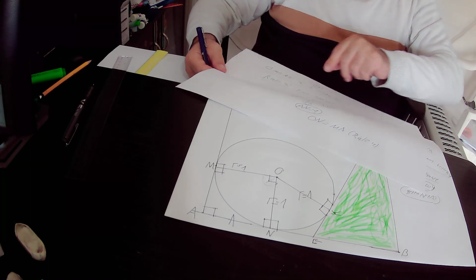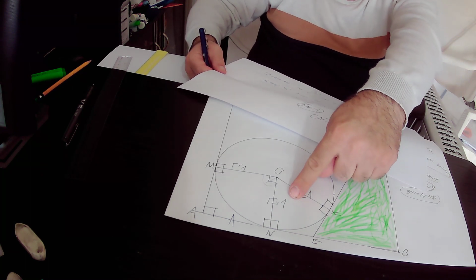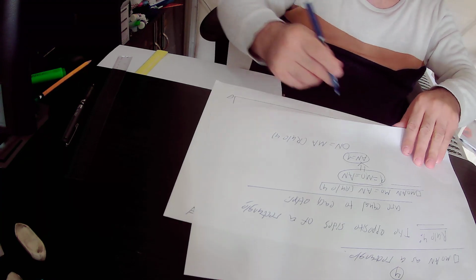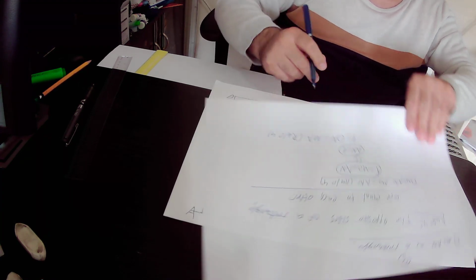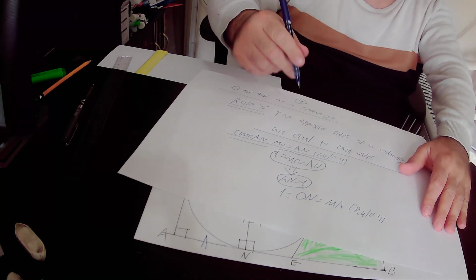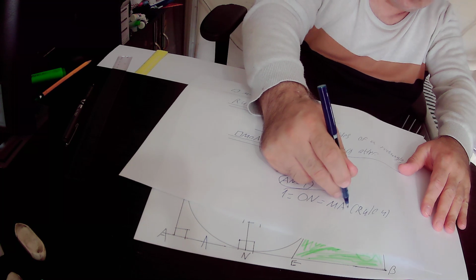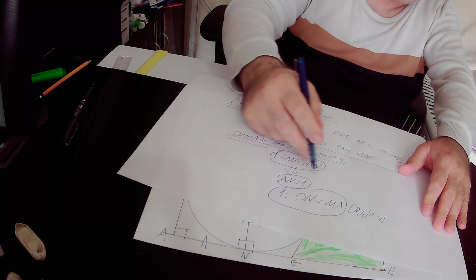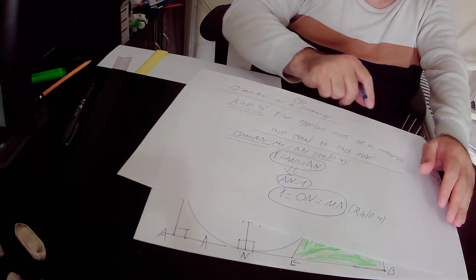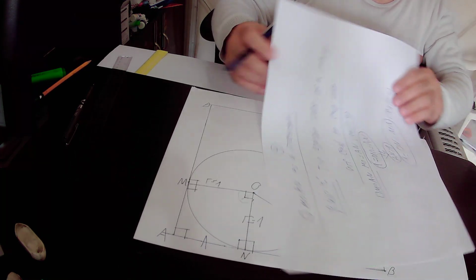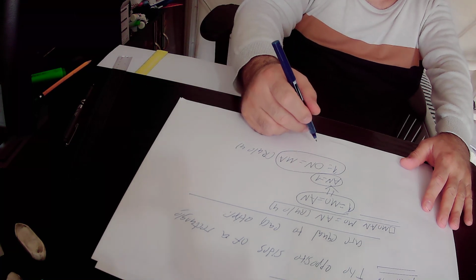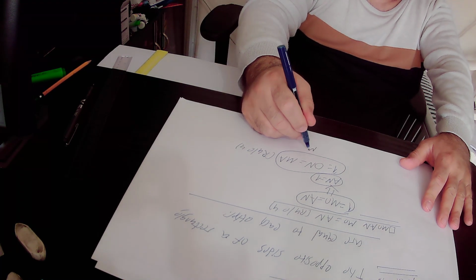But we have already found out that ON equals 1 unit. Therefore, from this equality we will conclude that AM also equals 1 unit, or MA equals 1 unit.